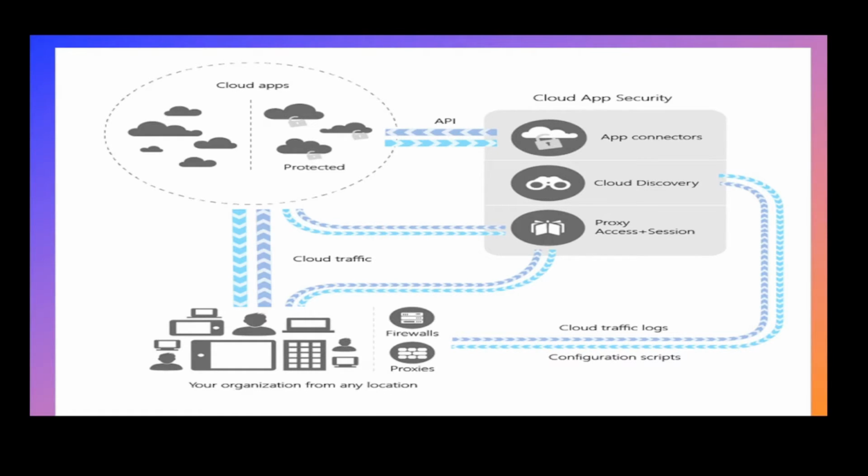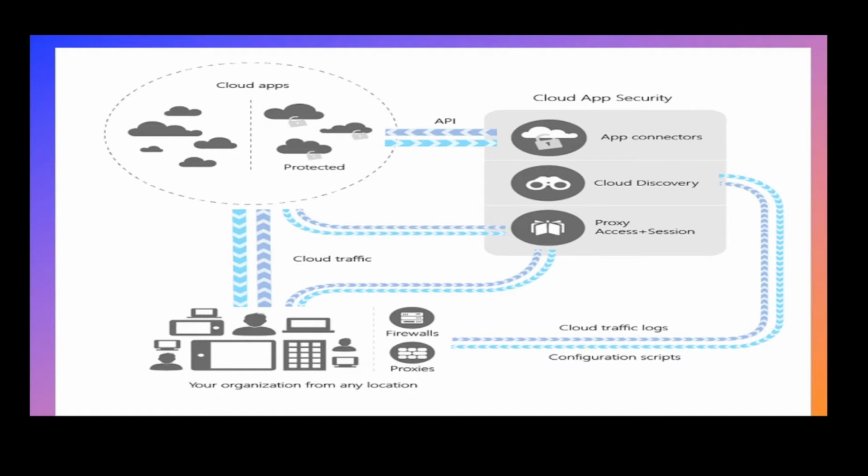When you have your organization from any location, all your policies are enforced within the organization. But what happens when it connects to cloud solutions like Box or Dropbox or anything of that kind? Can your policies still have that enforcement, still protect your data, and enable the data leakage prevention policies?